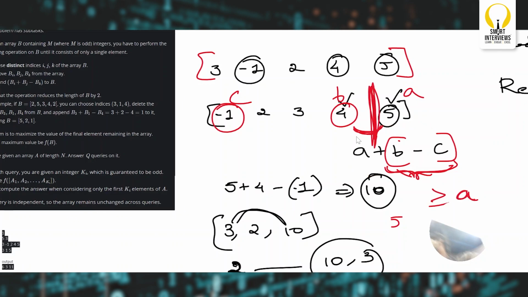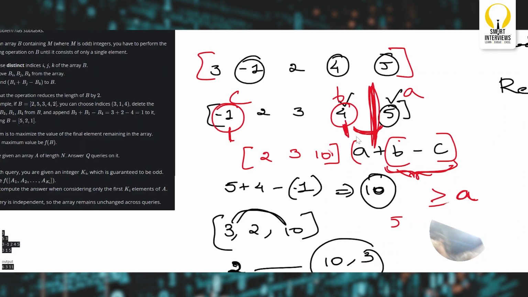If that is not the case, B will be greater than C, and you'll get some value which is greater than or equal to 0, so at least this much will be your maximum value. So in the first step you try to subtract the minimum, that is the max plus second max minus the minimum.